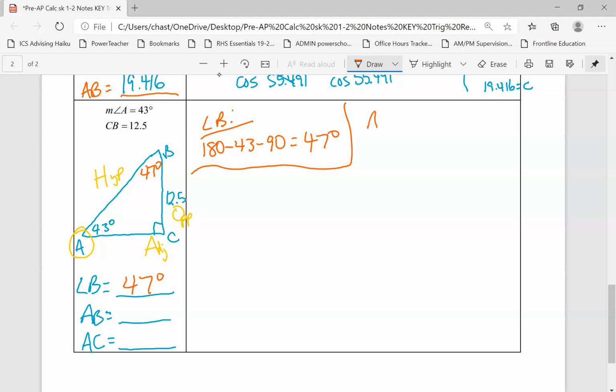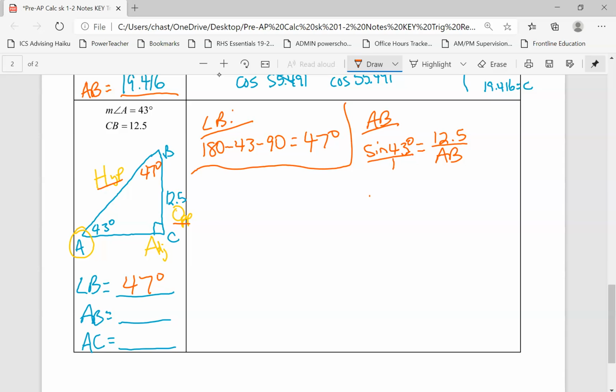To find side AB, which is our hypotenuse, I need to decide on a trig ratio. I could use opposite over hypotenuse, so in this case, I'm going to use sine. So sine of 43 degrees is equal to opposite, which is 12.5, divided by the hypotenuse, which is segment AB.